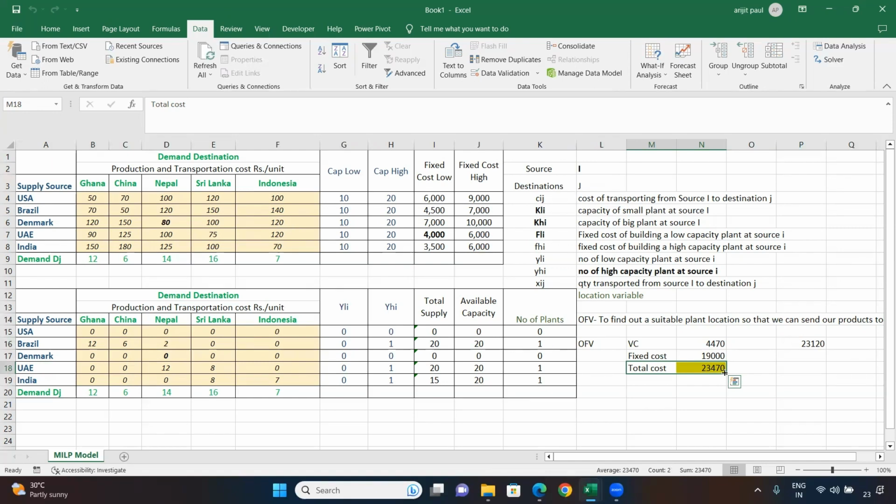As I said earlier, if you increase the constraints or decrease the flexibility of the problem, then definitely your cost will increase. When I say cost, it can be your fixed cost, your variable cost, or the operational cost as well.